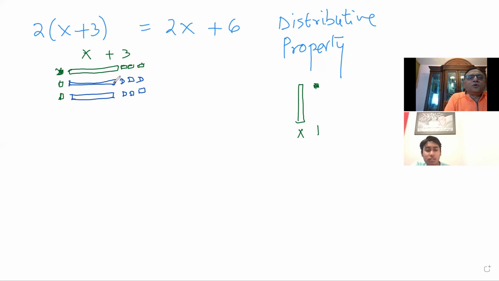So we could also do it in a rectangular form. Let me show you the rectangular form here. I can make a rectangle here, and I can say this is my x. In a rectangular model, I could do it like this.